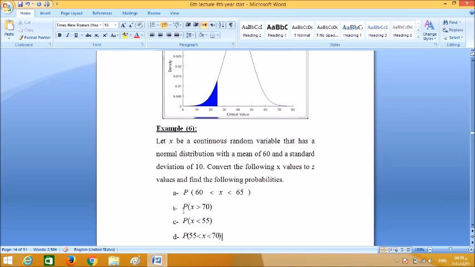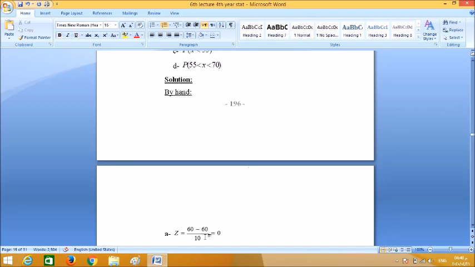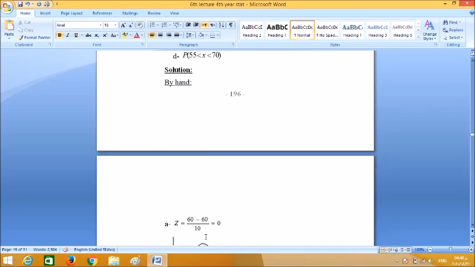Number B, the probability that x is larger than 70. Number C, the probability that x is less than 55. Number D, the probability that x is greater than 55 and less than 70.